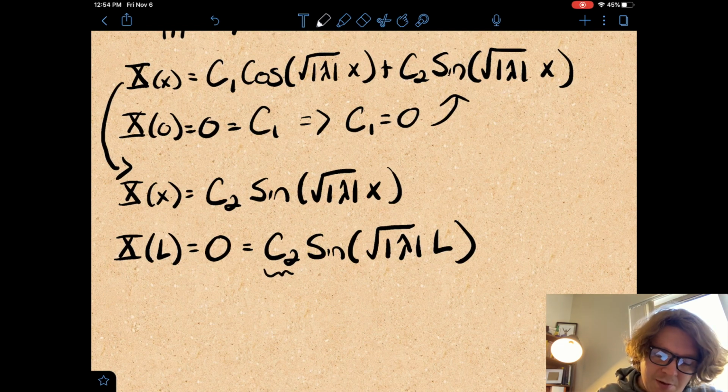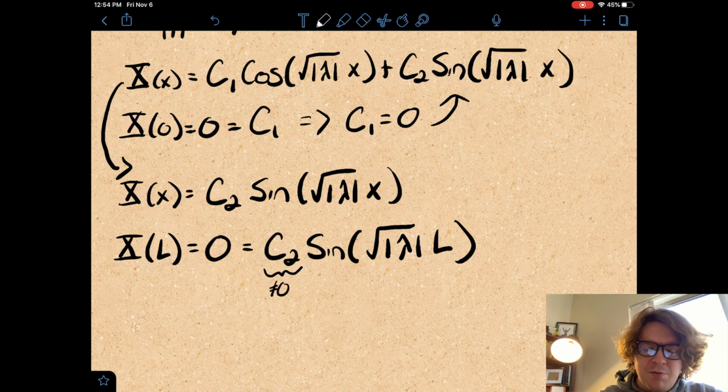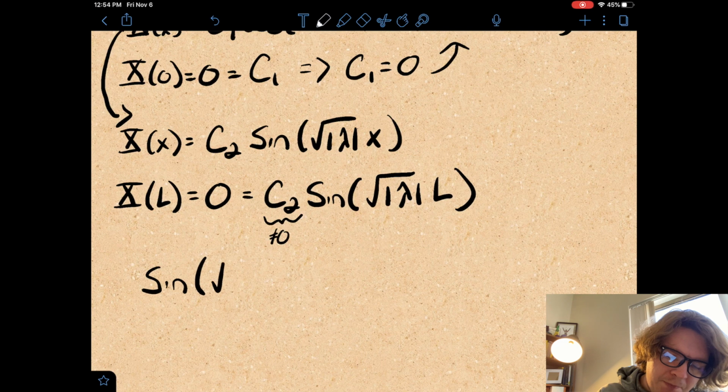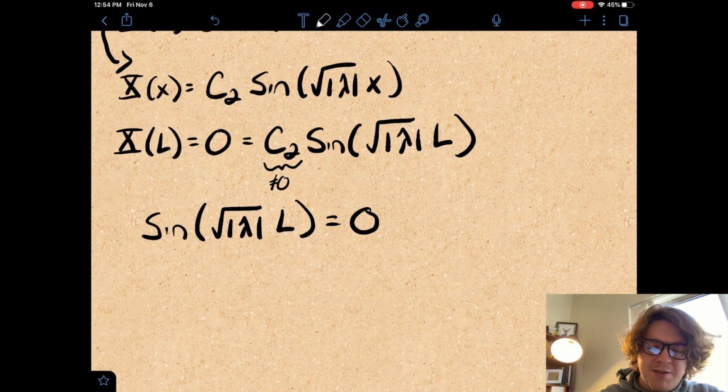So we want c2 non-zero, because if c2 was 0, c1 and c2 would both be 0, and X would be 0, and we'd have another trivial case. So we're looking for values of lambda that cause this whole thing to be equal to 0 when c2 is not equal to 0. So we want sine of the square root of the absolute value of lambda times L to be equal to 0.